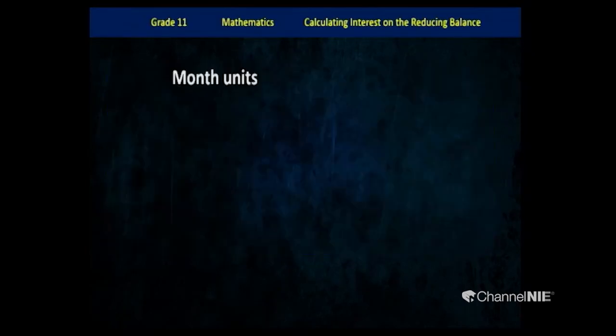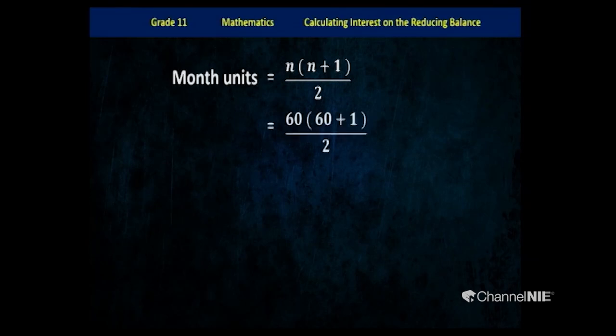After that, we can go for the month units. We can see how many monthly units: n into n plus 1 divided by 2. n means 60, a big value. If you try to calculate one by one, it will be a very tiresome job. Therefore, 60 into 60 plus 1 divided by 2. 60 into 60 plus 1 means 60 into 61 divided by 2.